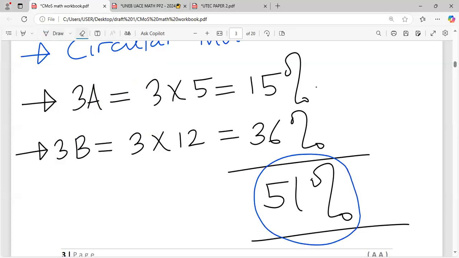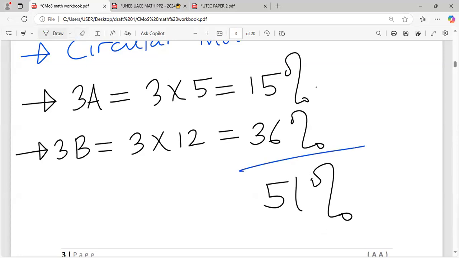Because most of the things that disturb biological students, you know them: the elasticity, the simple harmonic, the circular motion, the linear momentum, work done, power and energy. Those are things that disturb most biological students and others. So for your case, at least make sure that these 51 marks are secured. As a physics student, make sure they are secured.